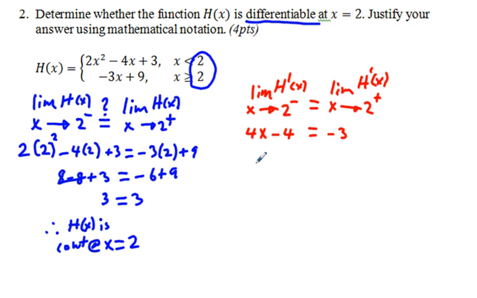And now substituting in 2, we'll have on the left side 4 times 2 minus 4 equals negative 3, and 4 times 2 is 8 minus 4, so we have on the left side 4, and on the right side negative 3. Do they equal each other?